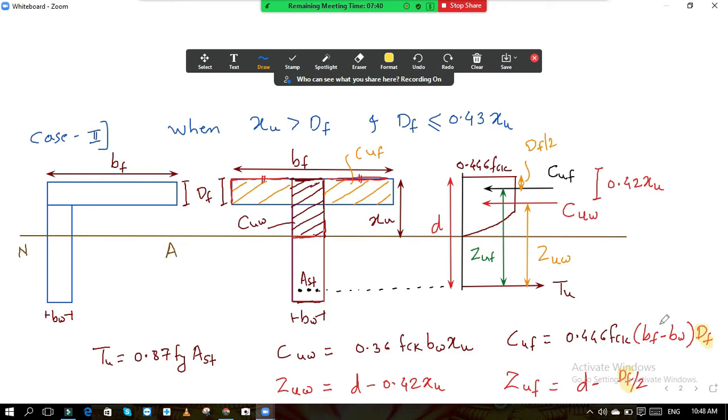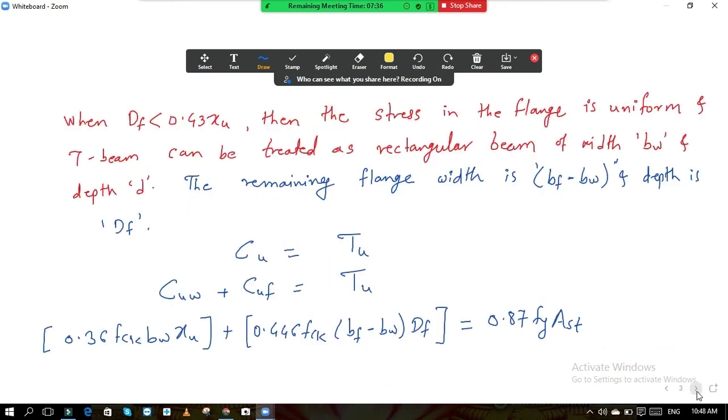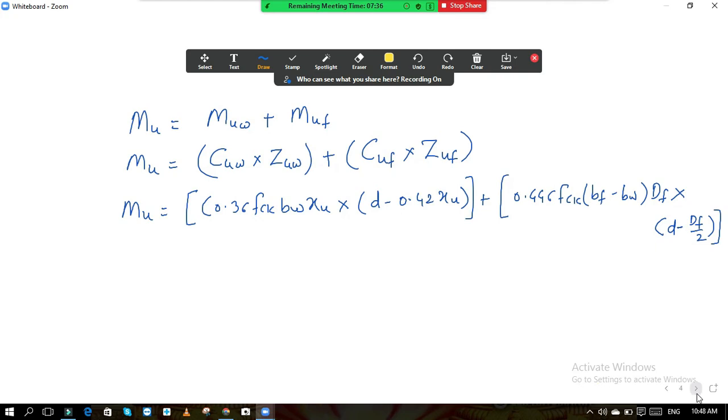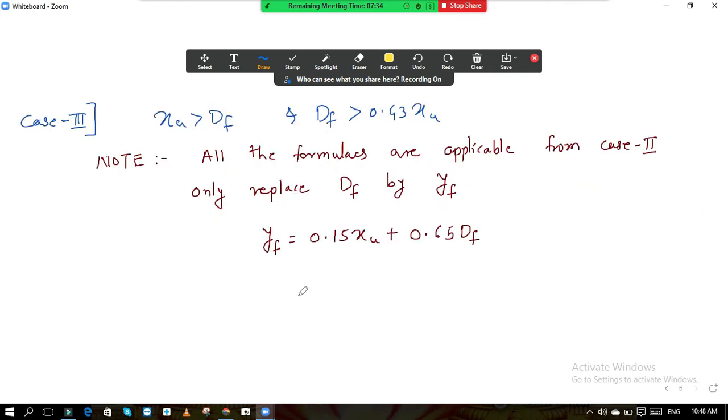And the formula for YF is also given to you. So now here if I write the formula, it will be TU is equal to 0.87 FY AST. This will be as it is.